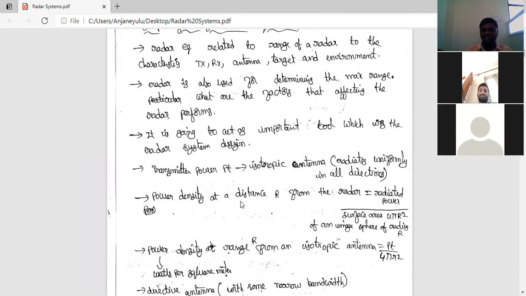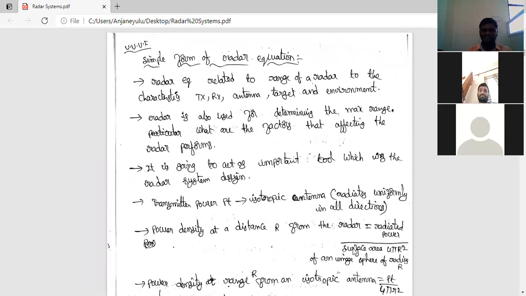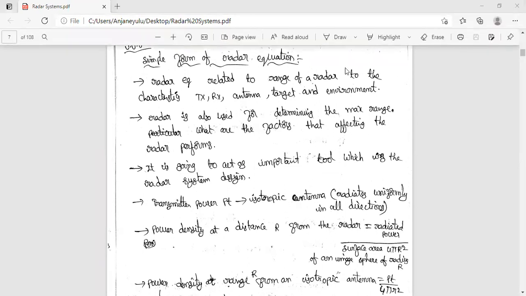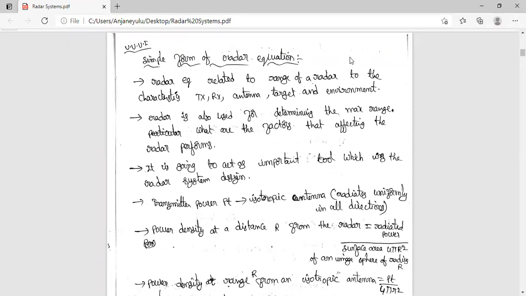This is the radar equation. This radar equation relates the range of a radar to the characteristics of the transmitter, receiver, antenna, the target, and the surrounding environment.